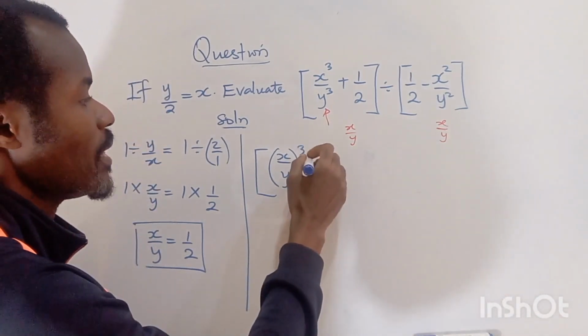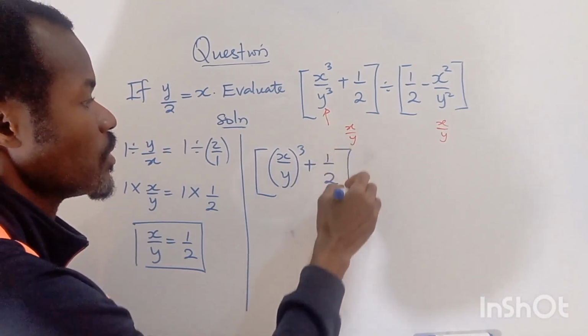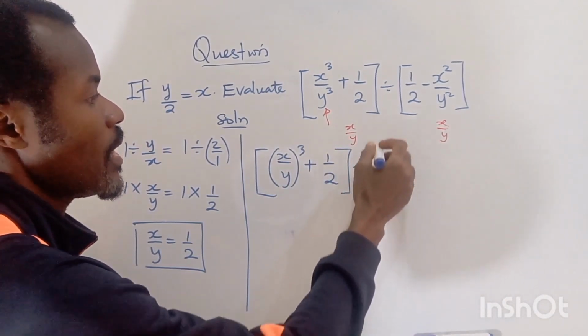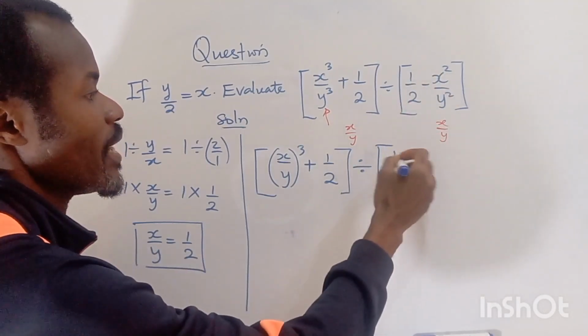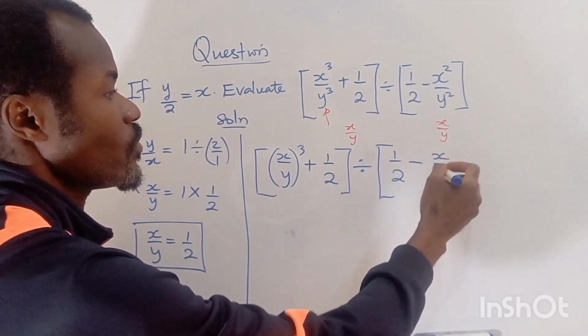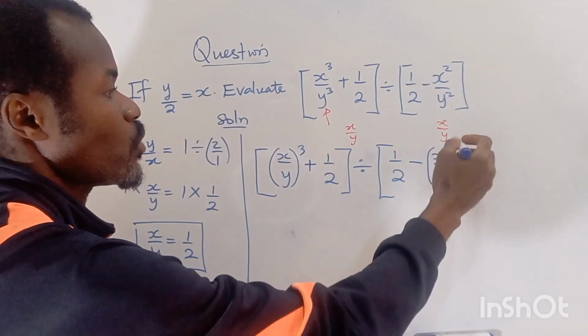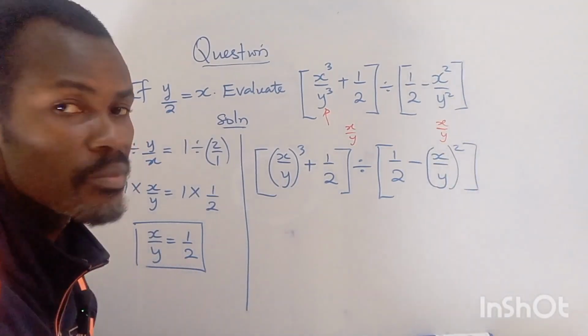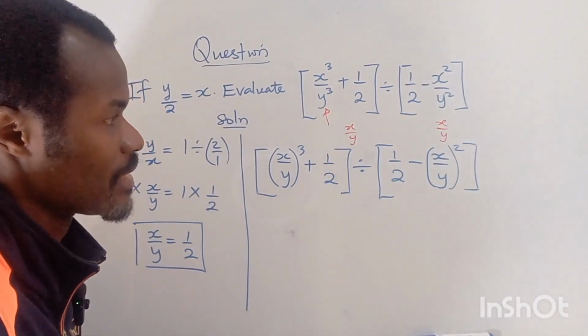So plus we have half. I'm also going to do it to this, so we have half minus, I'm seeing the same power, so we can say x over y, and bring out one power. It's as simple as that.